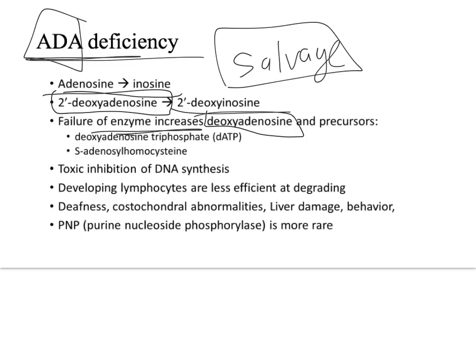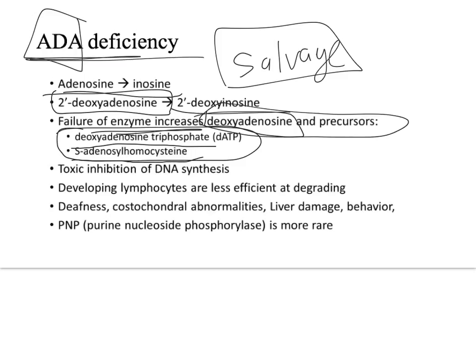So what are the precursors? Deoxyadenosine triphosphate and S-adenosyl homocysteine. So you get these metabolites and the deoxyadenosine itself. These are all toxic and inhibit DNA synthesis. And the developing lymphocytes are less efficient at degrading this stuff already.